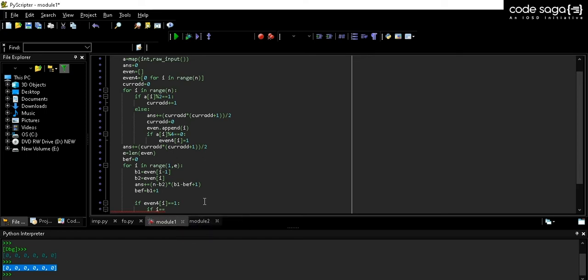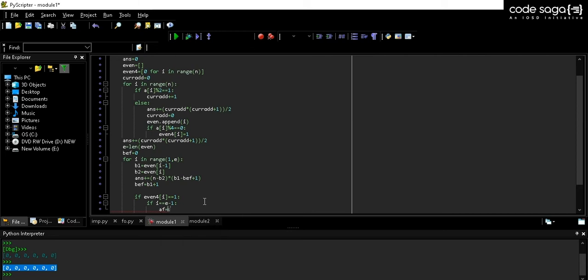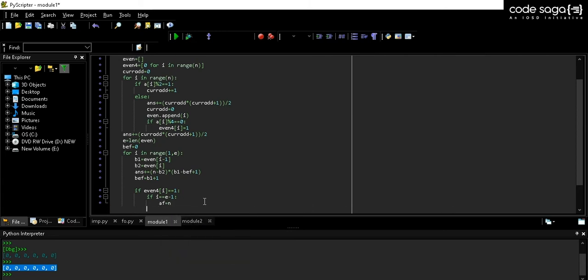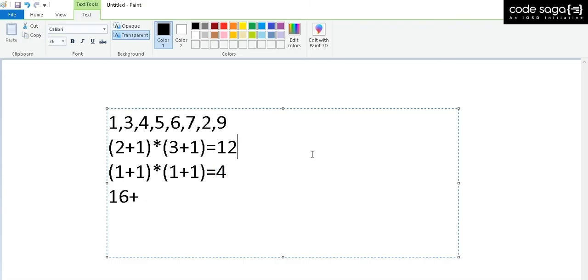if i is equal to e minus 1, that is, if it is the last element, we'll have af, which is elements after, equal to n, which is the last element, else we will only take it into consideration until the next even element.